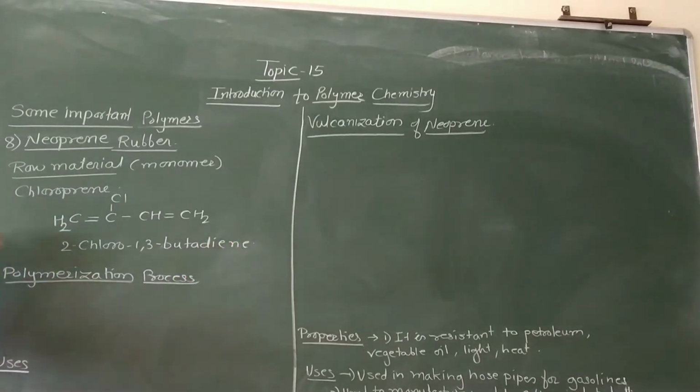This is the monomer used for the preparation of neoprene rubber, that is chloroprene, 2-chloro-1,3-butadiene.